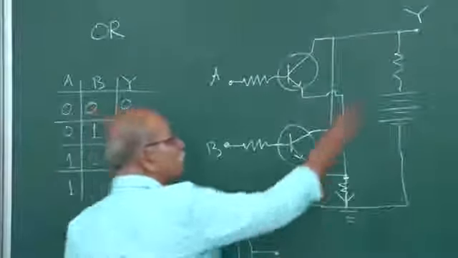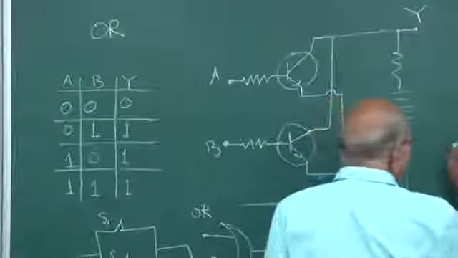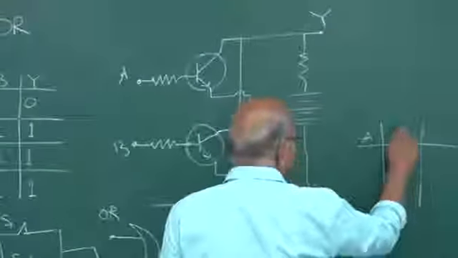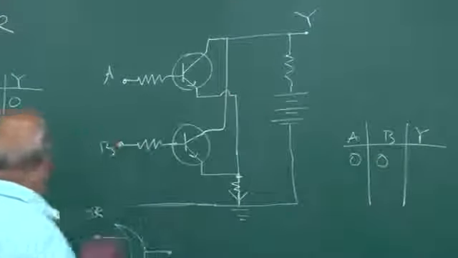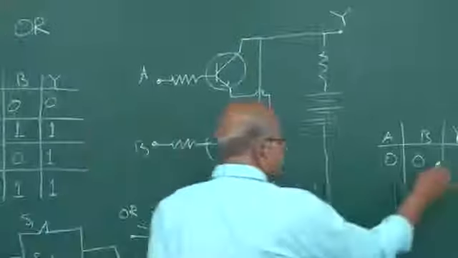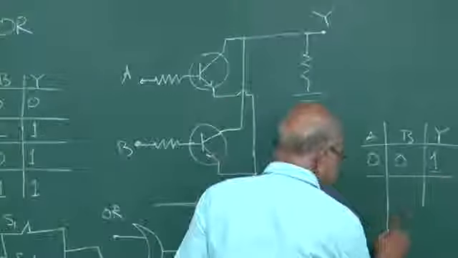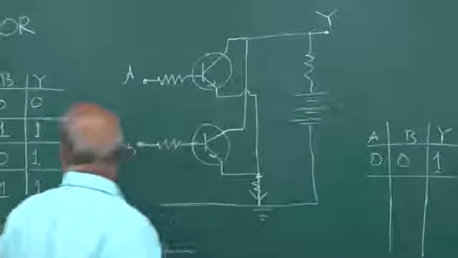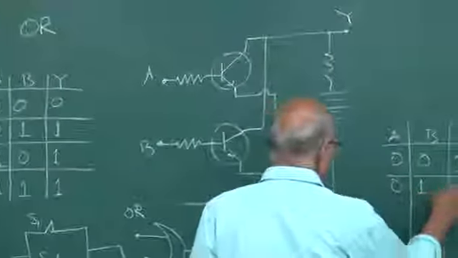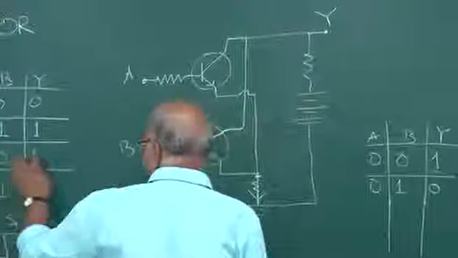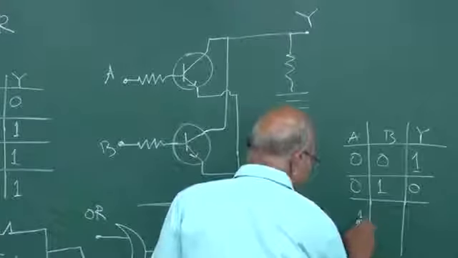If I take the output from here, then the truth table will be A B Y. If I take it, 0 0, here 0 0 was 0, here 0 0 will be 1. Then here 0 1 was 1, so here 0 1 will be 0. 1 0 was 1, so 1 0 will be 0.